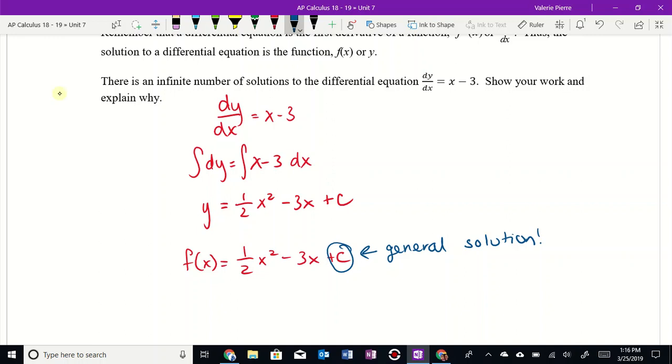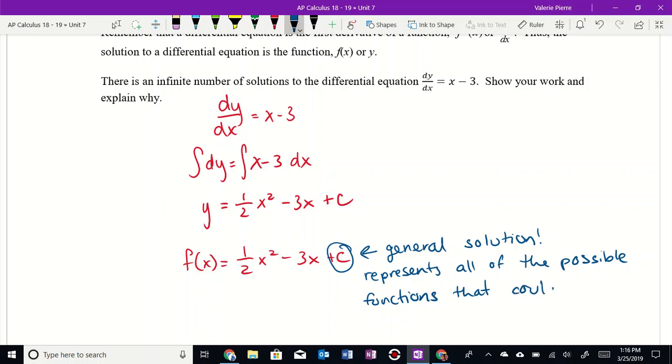So the general solution represents all of the possible functions that could be f of x or dy dx.